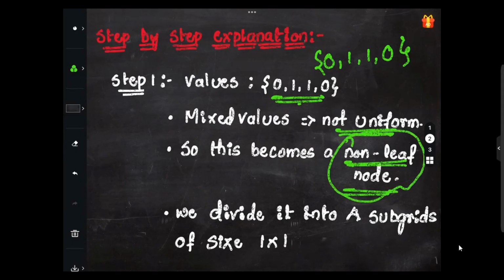So we divide it into four subgrids of size x, that is one into one.